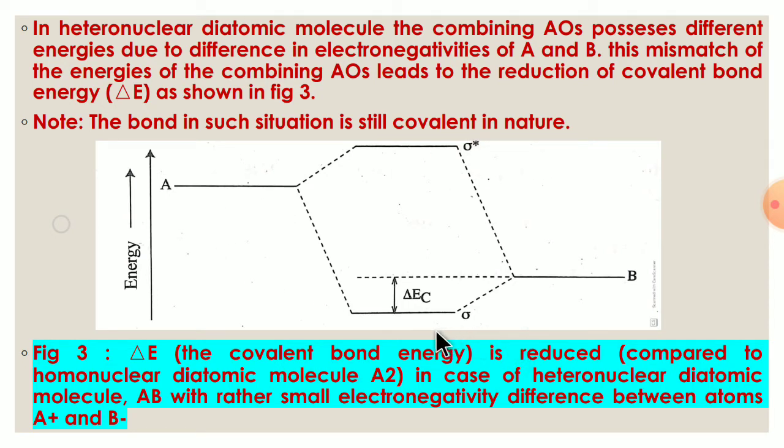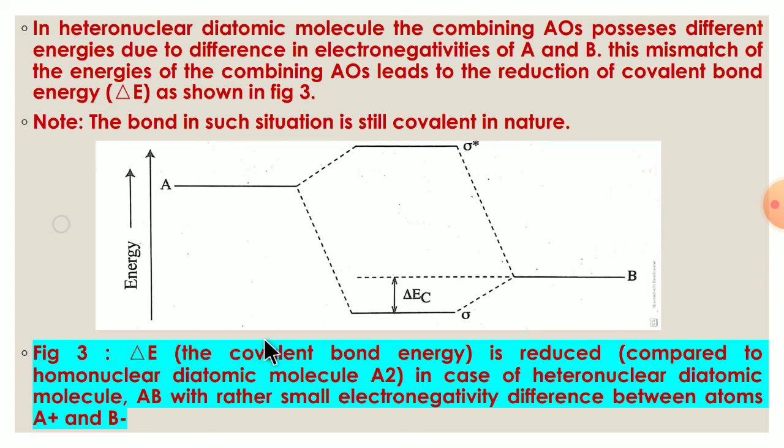In this diagram, atom A is higher in energy and atom B is lower in energy. When they form the molecular orbitals, bonding sigma and antibonding sigma star, the delta E C, that means the covalent bond energy of the sigma bond, is less as compared to the previous one.